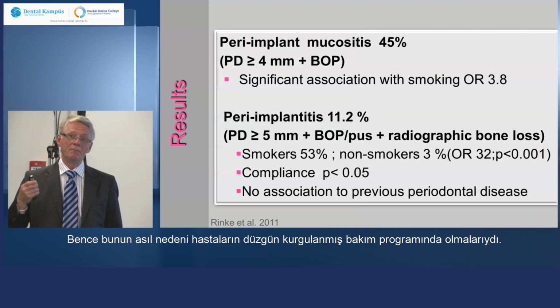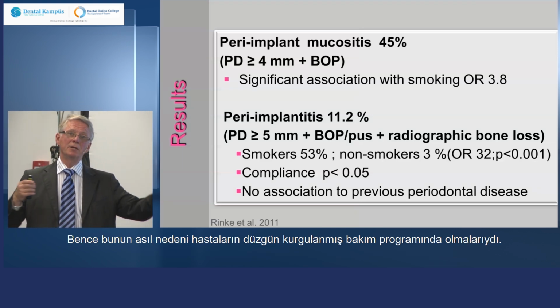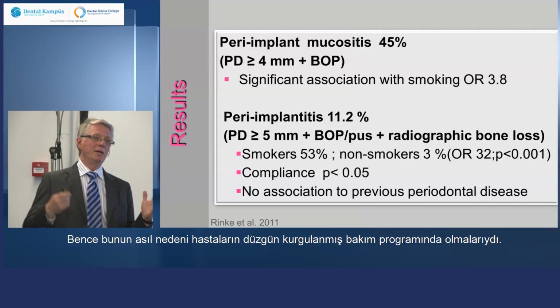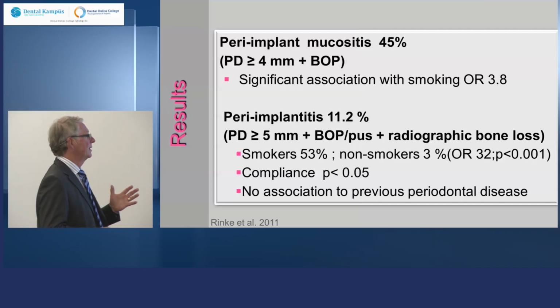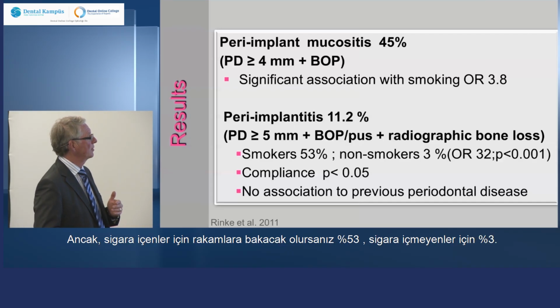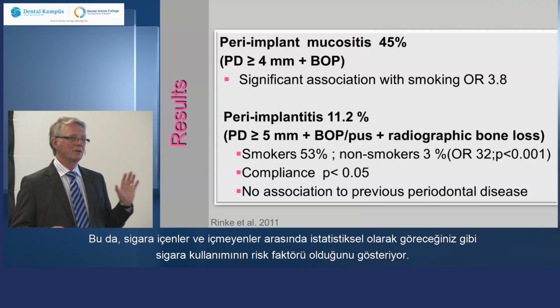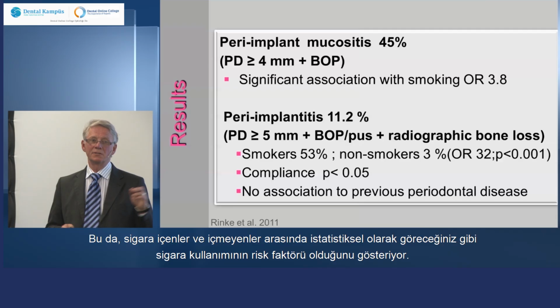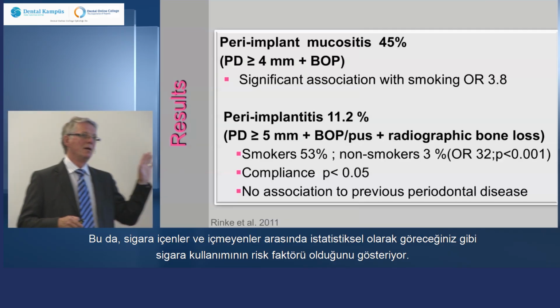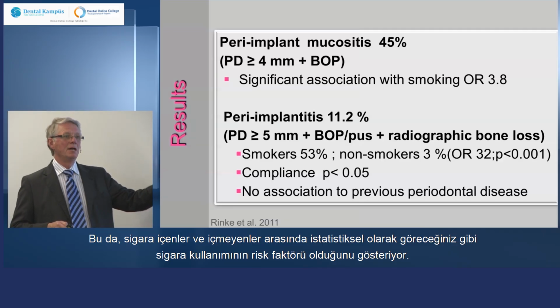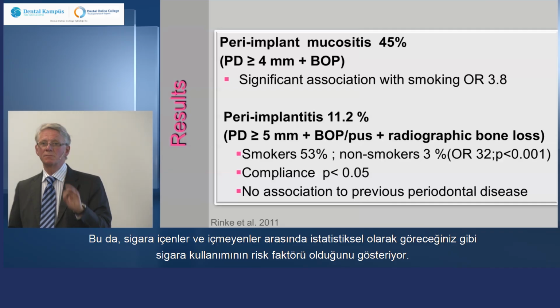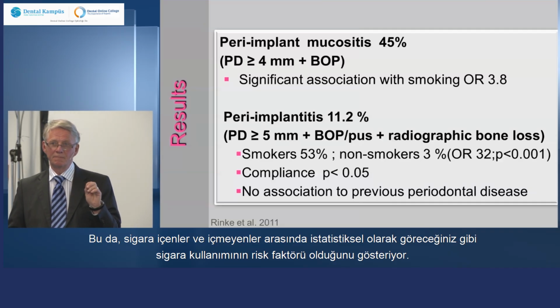And this is mainly, I think, because they were in a nicely structured maintenance program. But if you look at the figures for smokers, 53%, non-smokers 3%. And this is, as you can see, highly statistically significant, the difference between smokers and non-smokers, indicating clearly that smoking may be a risk factor.